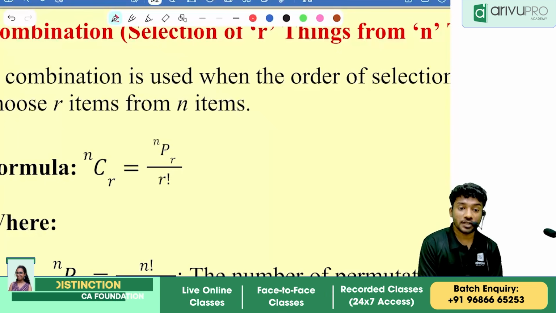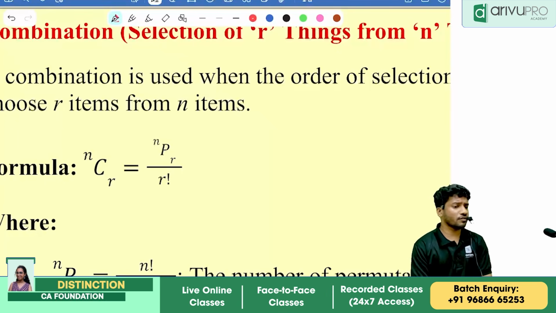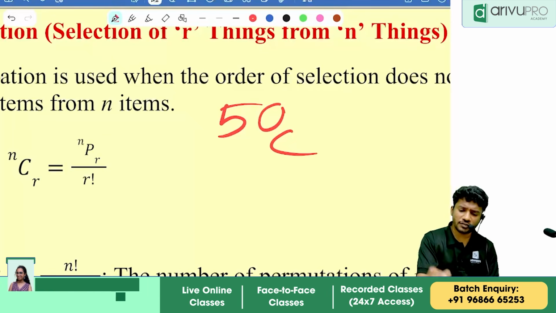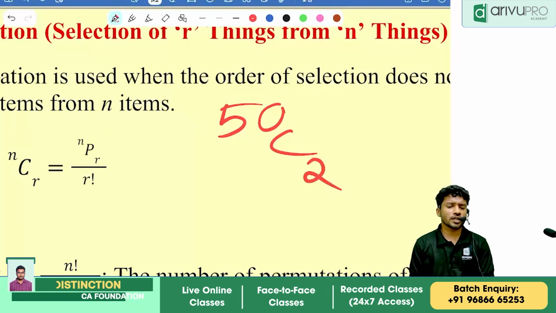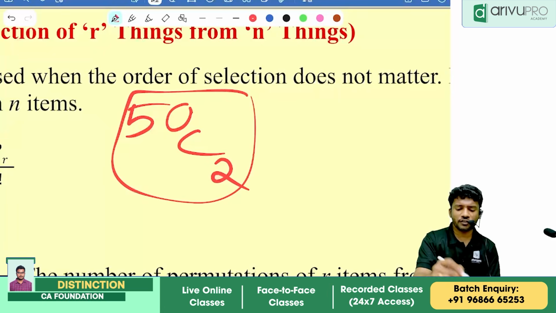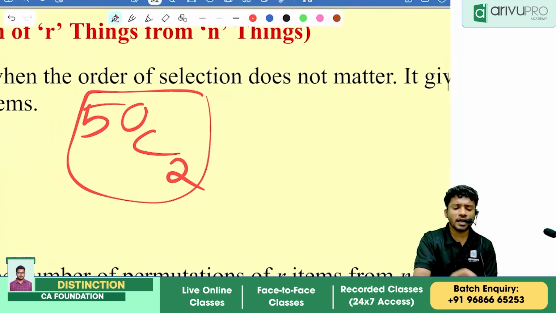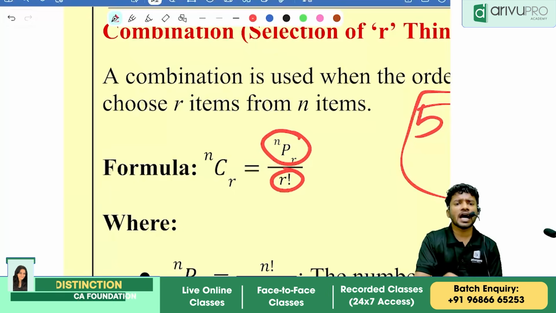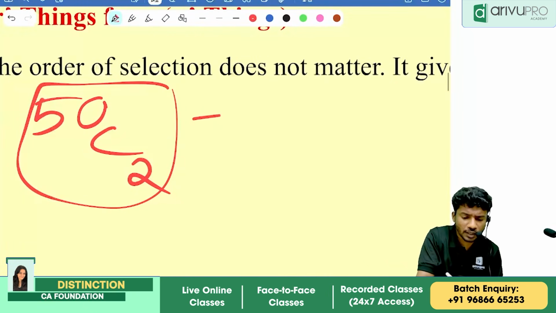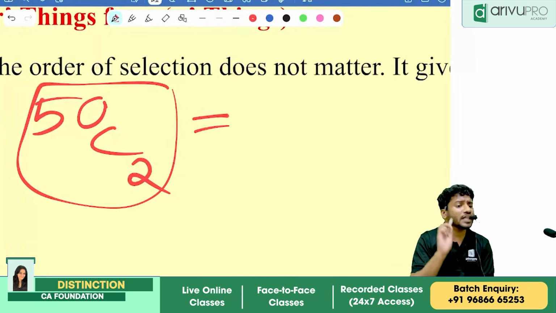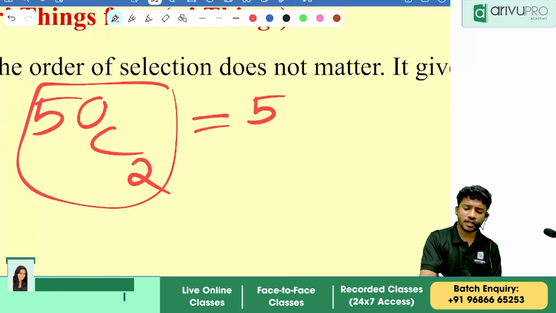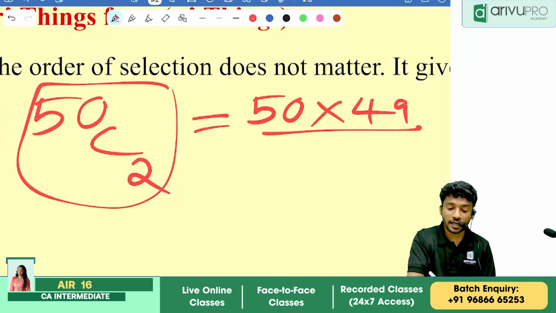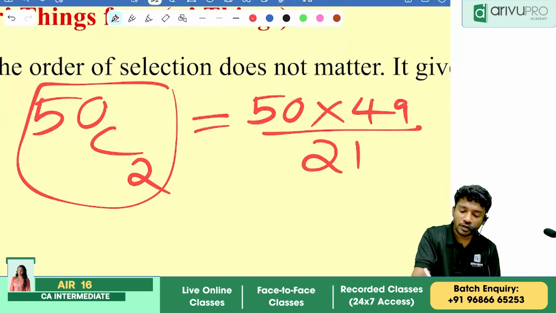But we will solve this after learning combination. Combination means selection of items. For example, there are 50 students in this class. From these 50 students, I am selecting 2 students. It can be written as 50C2. Now, the formula for 50C2 can be written from this: nPr divided by r factorial. But I will write it in a different manner. 50C2 can be written as 50 into 49 divided by 2 factorial.